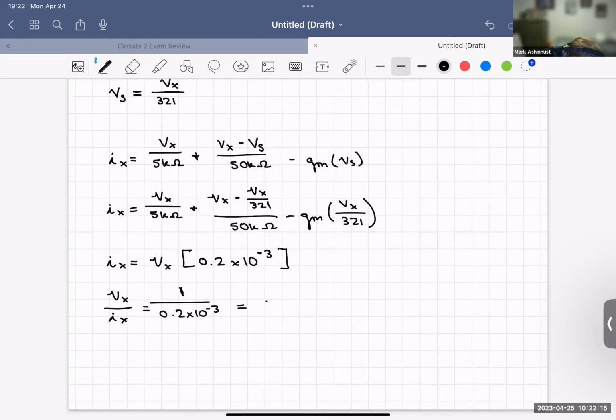Sorry, 1 over 0.2 times 10 to the negative 3. So 1 over 0.2 is 5, and then it's 5 times 10 to the 3. So correct. I would still recommend putting that in your calculator, not doing it in your head.